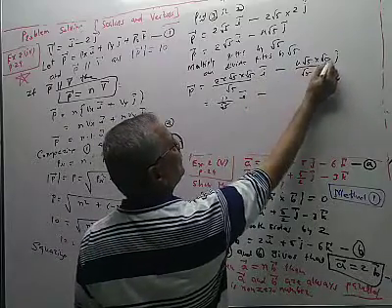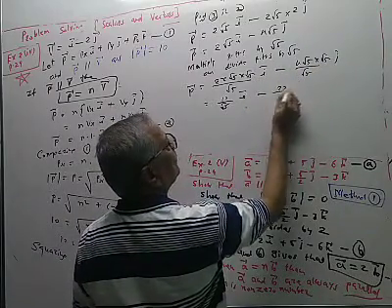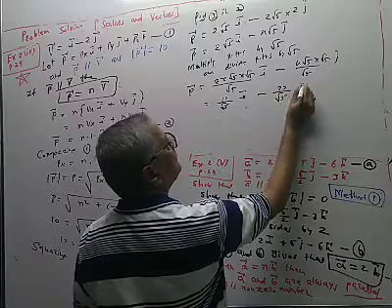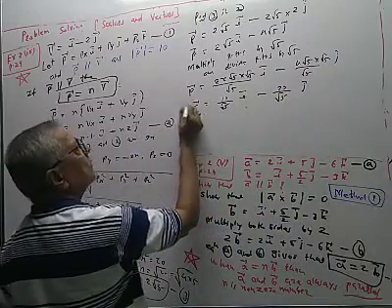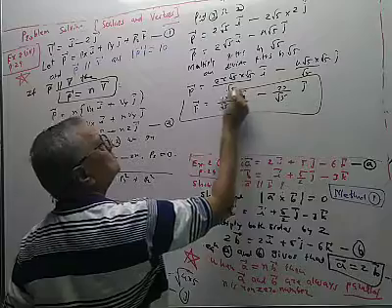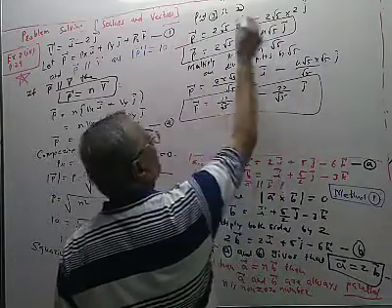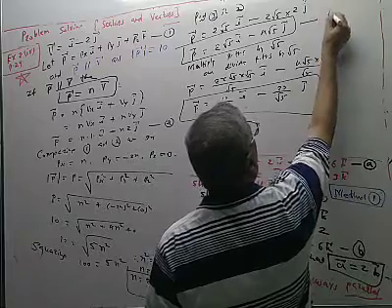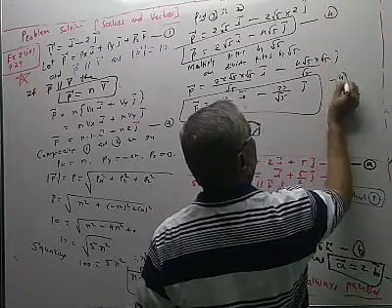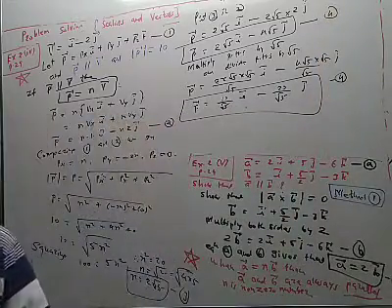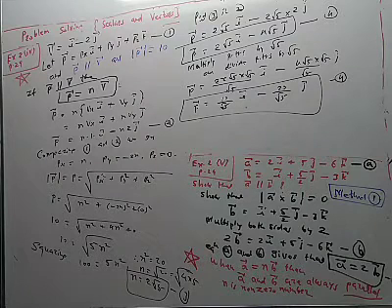Minus 4 root 5 into root 5 upon root 5, that is 20 upon root 5 times j. So this is the required value. It can also be given in this form. Any form will do. This is also equation 4. So equation 4 gives the required vector which is parallel.